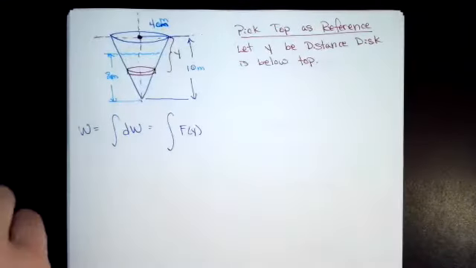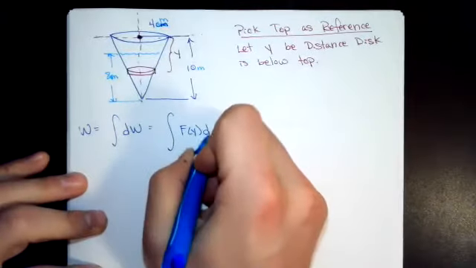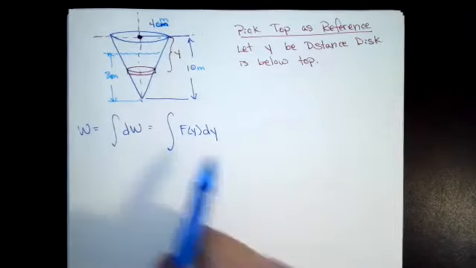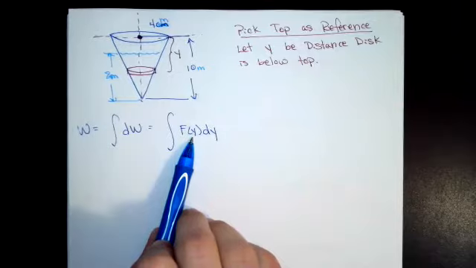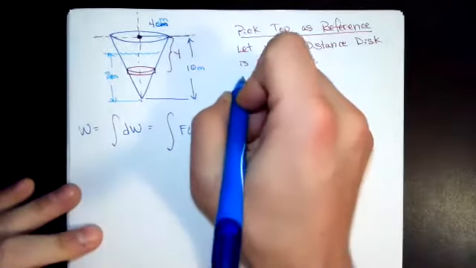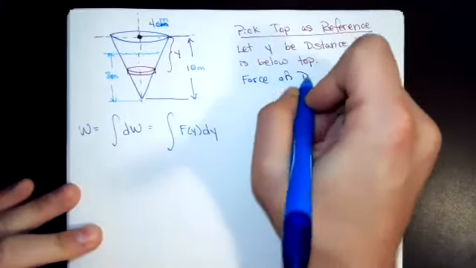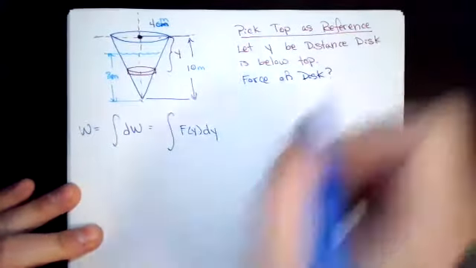So it would be upward times dy. So starting off this way, it lets me know that we need some notion of what the force is. So that's our next indication of a piece we need to find.